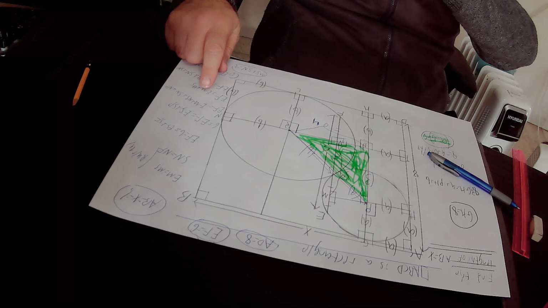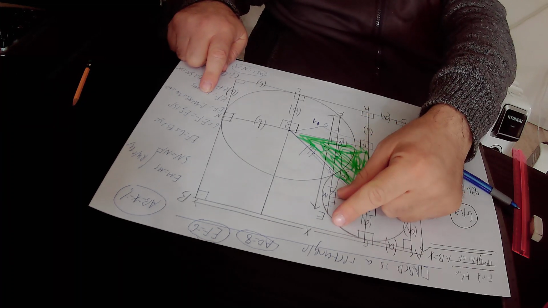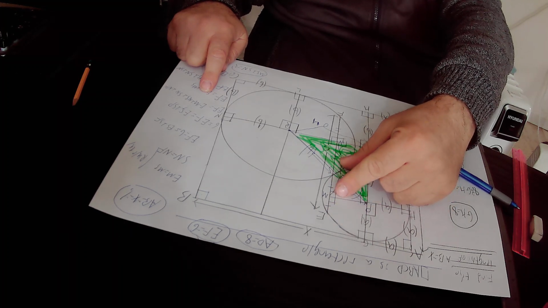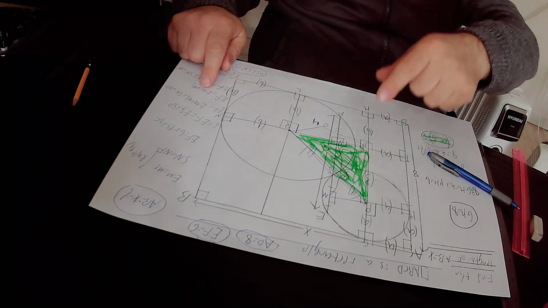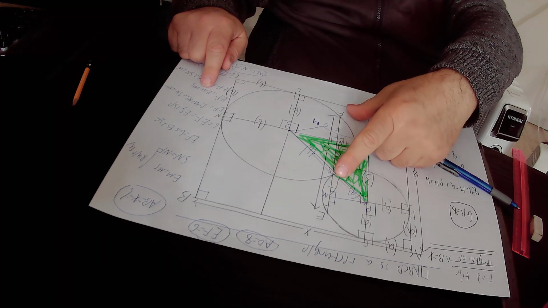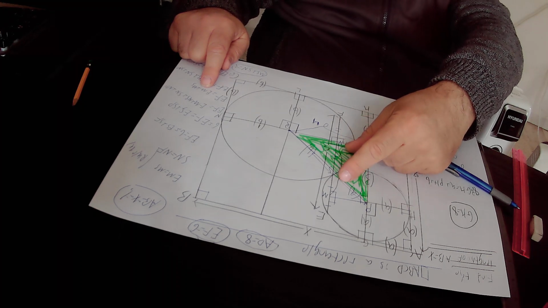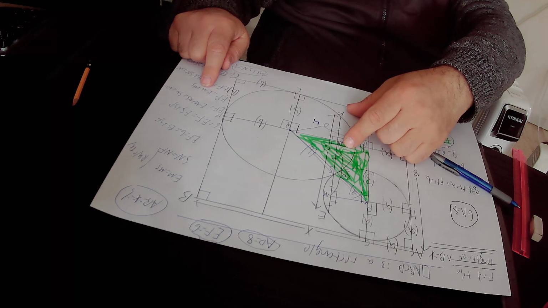Okay, but ES equals EM plus MS. So we substitute ES by EM plus MS, plus SF. SF equals SN plus NF.